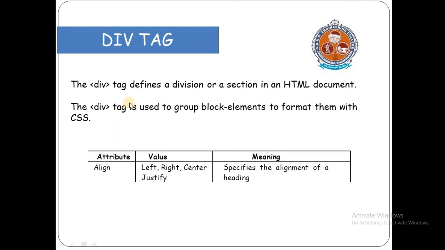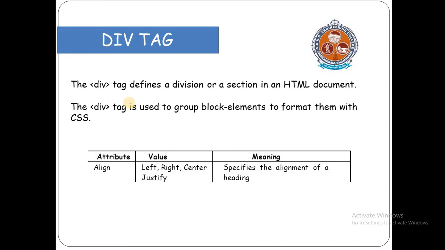So the next important tag is the div tag. Div tag defines a division or a section in an HTML document. If you want to divide our HTML page into a footer section, header section, and main section, this div tag will be most useful.